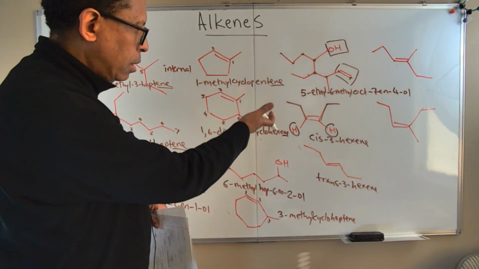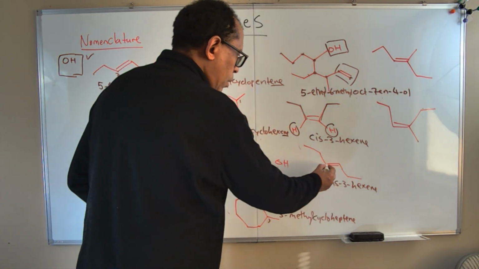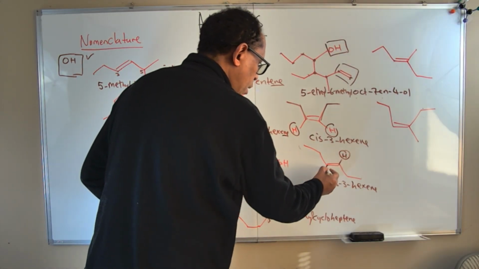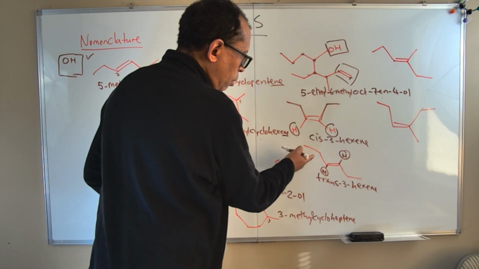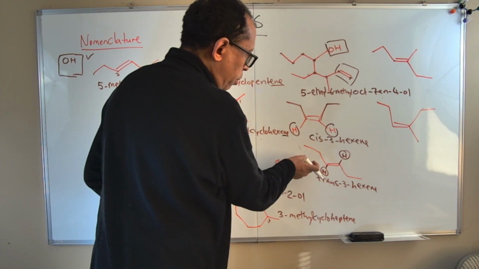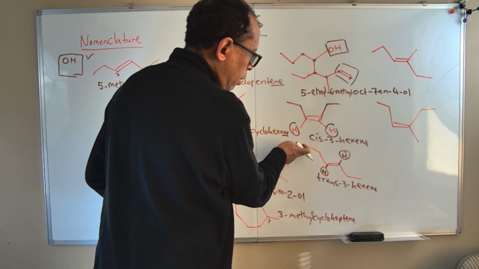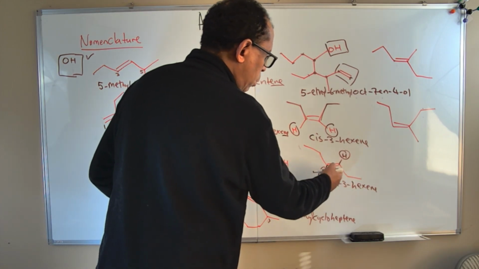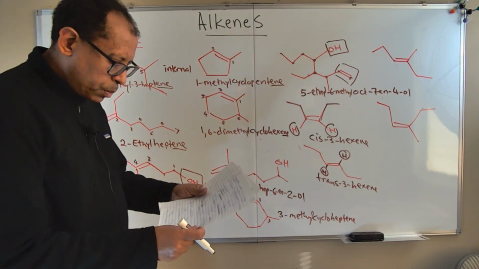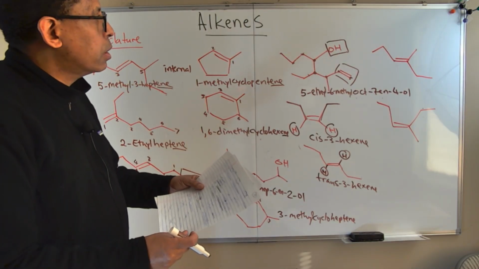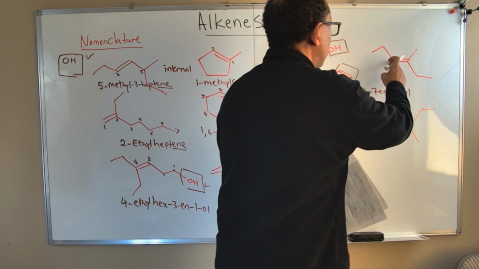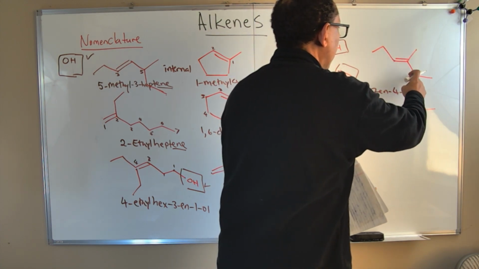If you look at this one, there is hydrogen there. Don't forget this. The largest group here is on this side. The largest group between these two is this one. So those are trans.